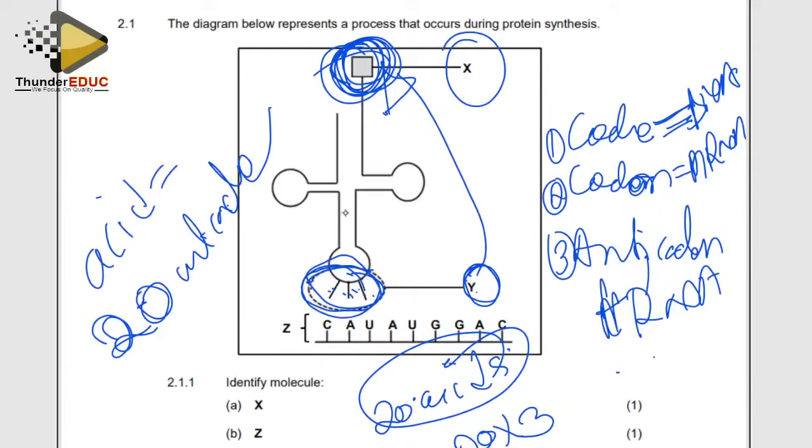One anticodon is equal to one amino acid, and each anticodon is equal to 3 bases. So 20 anticodons, each with 3 bases, gives me 60 bases. Is it clear? All right.